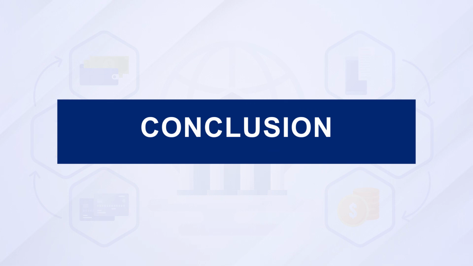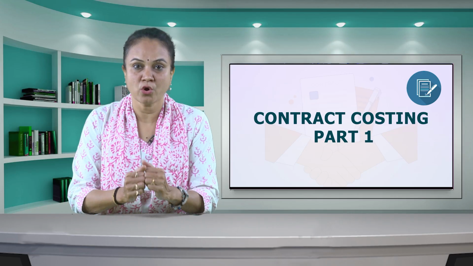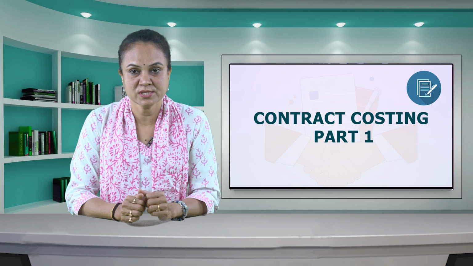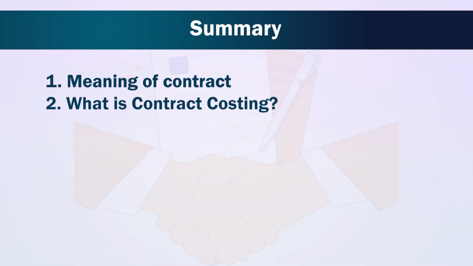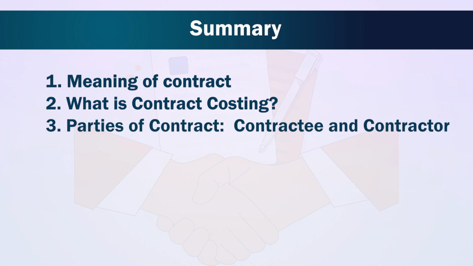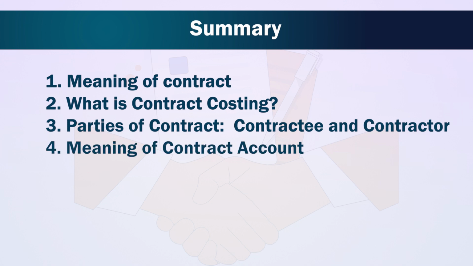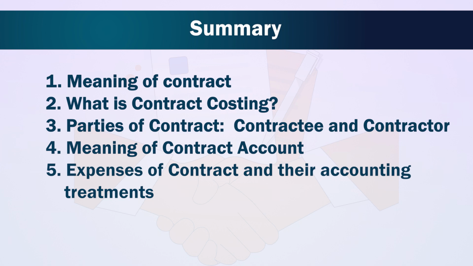Let's conclude the session. In this part 1 of contract costing, we have studied number 1, meaning of contract; number 2, what is contract costing; number 3, parties of contract, that is contractee and contractor; number 4, meaning of contract account; number 5, expenses of contract and their accounting treatments.